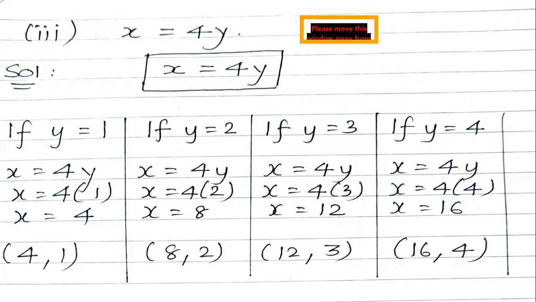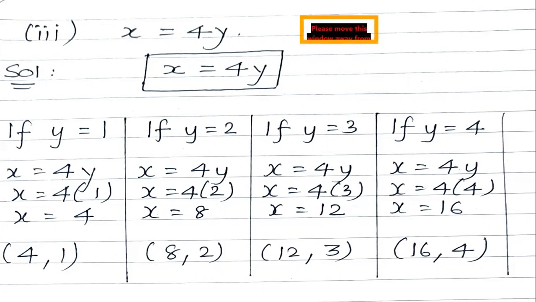And as you could see on the screen, all that I did to simplify is replace the value of y by numbers. So if y is equal to 1, as you could see on the screen, if I solve the equation, I get x is equal to 4. So x is equal to 4 is the answer that I got when y was equal to 1. So the solution is 4 comma 1.